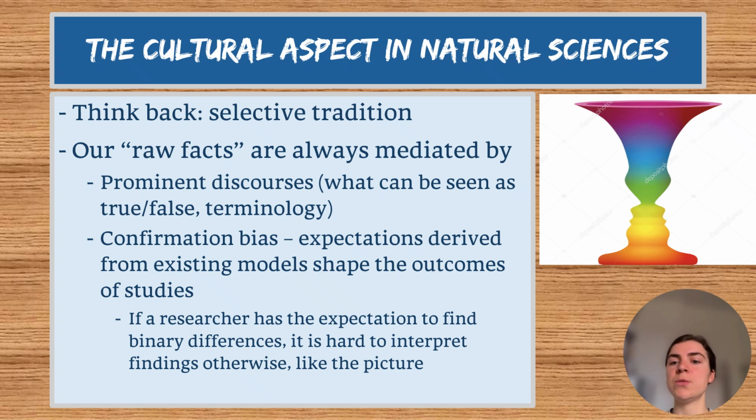So it is one of those optical illusions where you can see two things, but if you are told that, or if you have certain expectations what this will be like, then you're very likely to not see the other, but only see what you expect. This would be confirmation bias. So this is why we do have a very, very significant influence of culture and of how humans think, of cognitive aspects that are related to prominent discourses in the natural sciences and also in gender research.